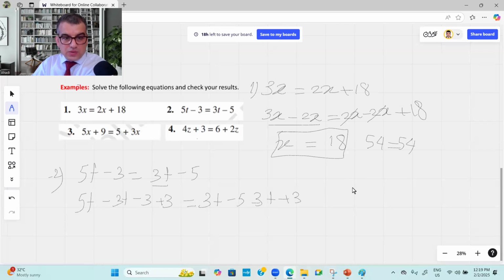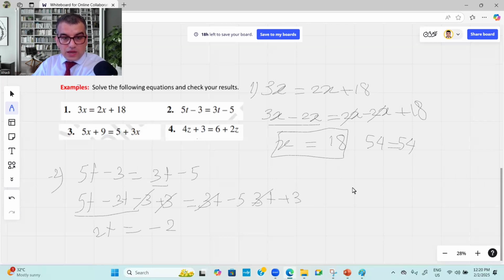Yes, then you can simplify here. So 5t minus 3t will be 2t, and these two we can cancel, and positive 3t and negative 3t cancel here, and on the right side you will get minus 2.